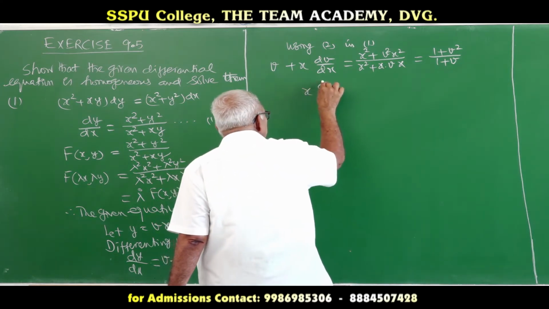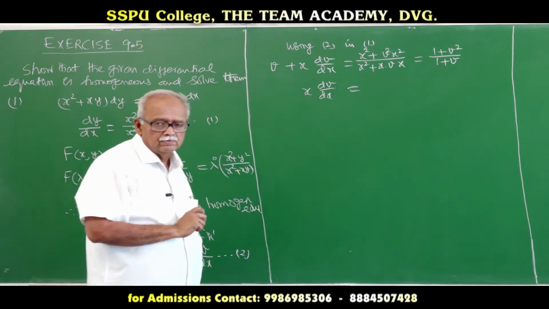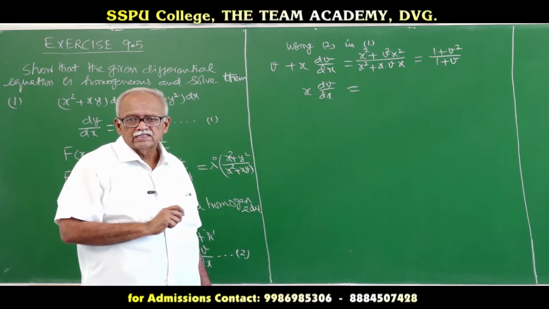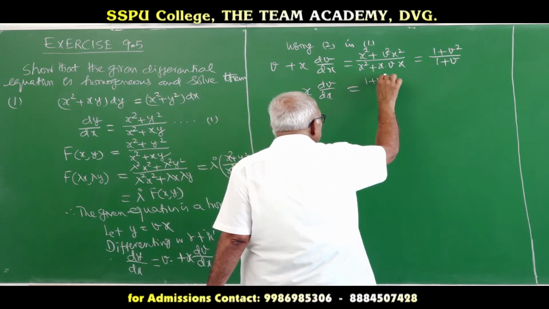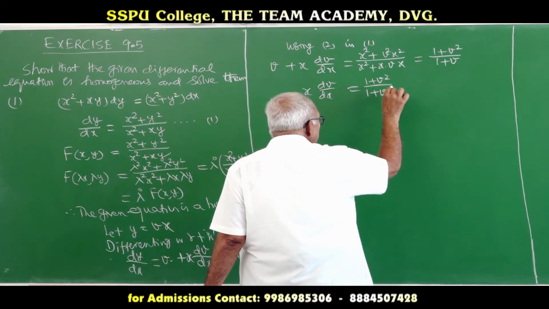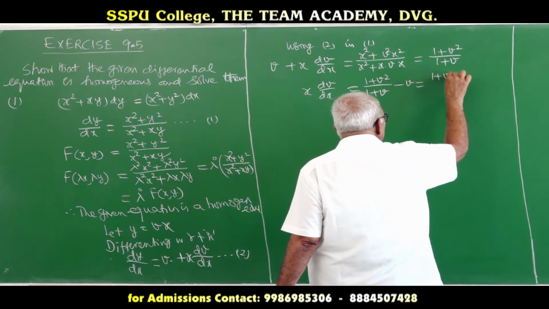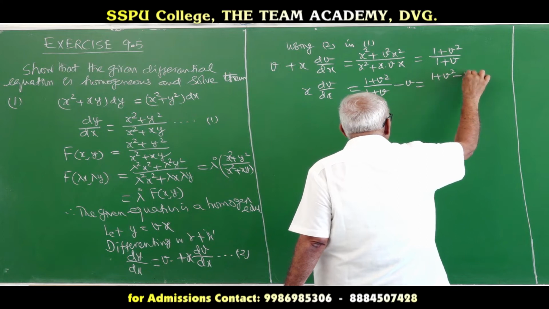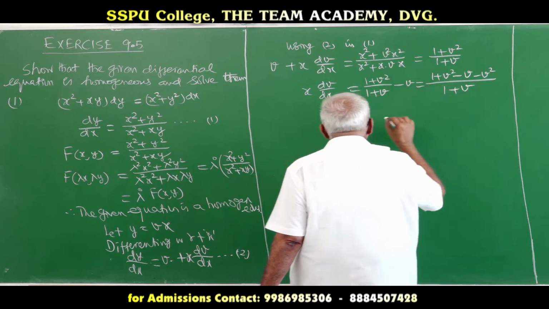Now this can be further simplified so that we get variable separable form. The variables are x and v. x dv/dx = (1 + v²)/(1 + v) − v, which is (1 + v² − v − v²)/(1 + v).